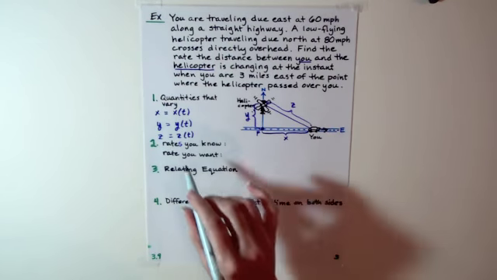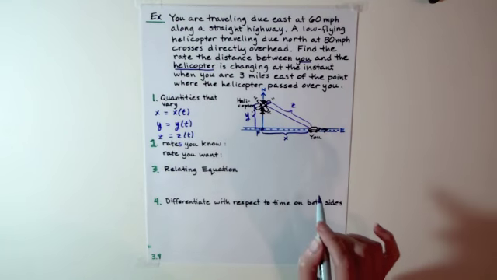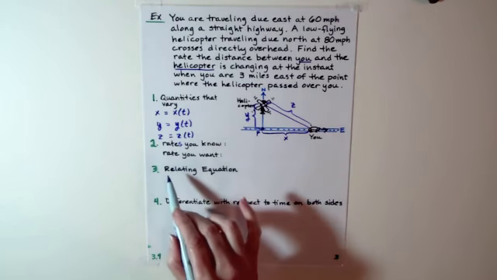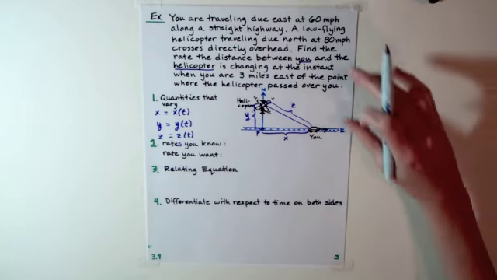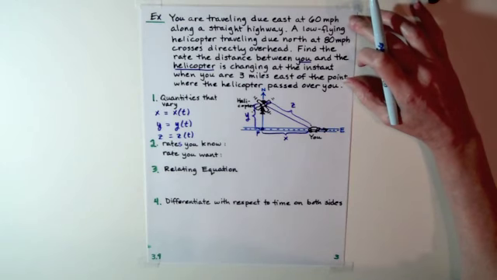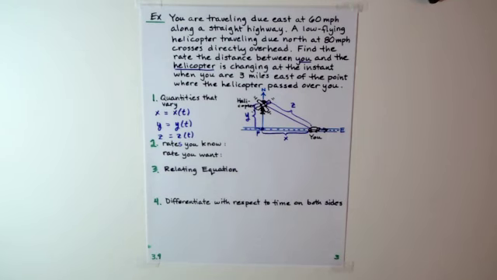Try to write the rates that you know down in terms of numbers, but also in terms of symbols. And then try to write down the rate that you want in terms of symbols. So pause the video and try to extract that information from the stuff that's discussed up here in the problem. And if you get stuck, start the video again, and we'll go ahead and do it together.